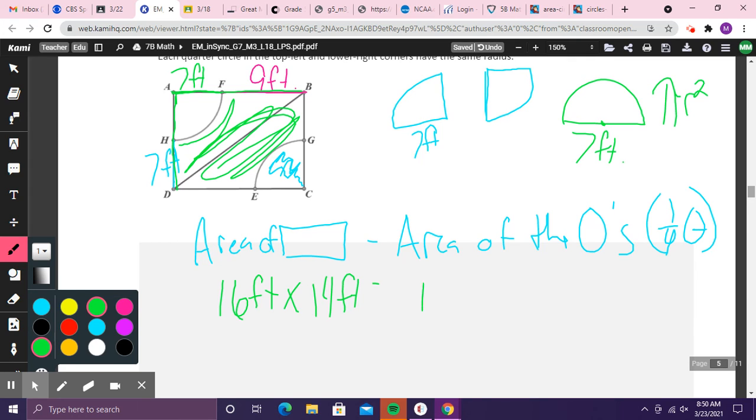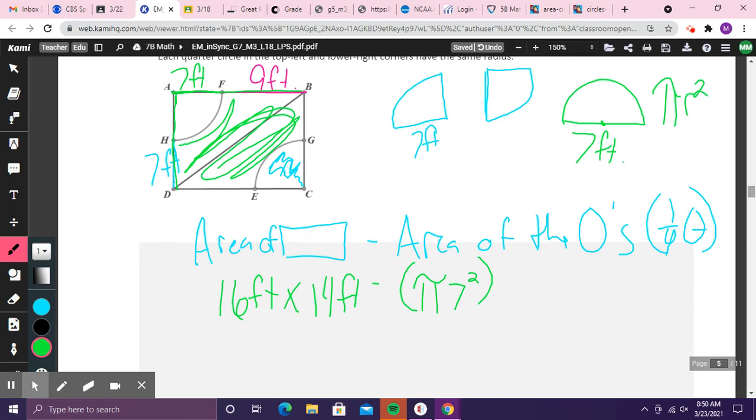So minus pi times 7 squared. And then I'm going to take that divided by 2, because it's half of a circle. Does that make sense so far?